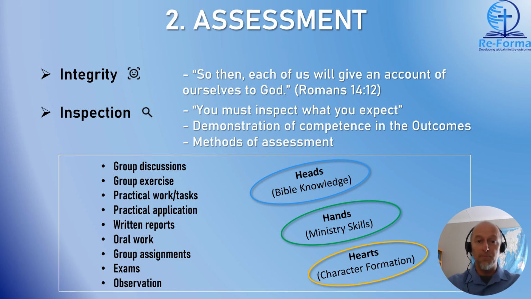Heads being to do with Bible knowledge, hands to do with ministry skills, and hearts to do with character formation. So when it comes to doing the assessment of a particular outcome, you need to bear in mind which of these 3 categories it falls into, and that'll guide you in finding the most suitable method of assessment.